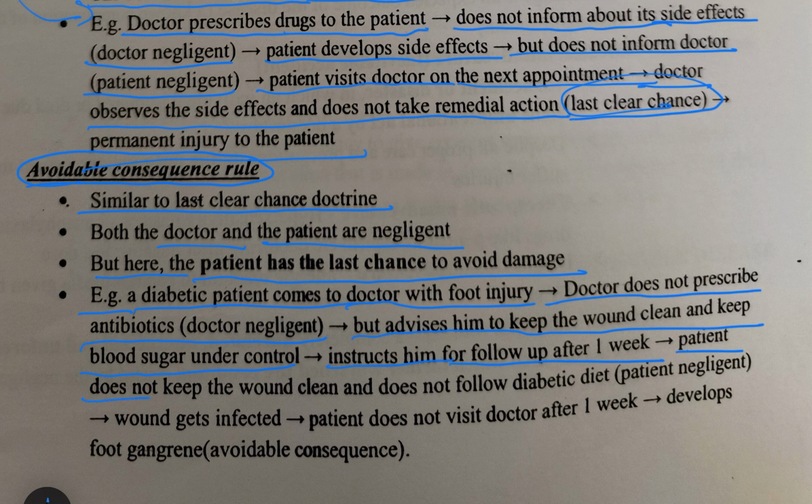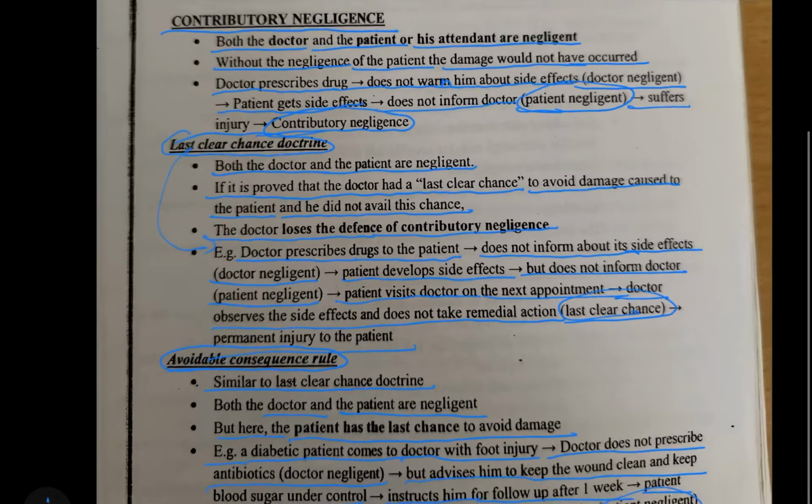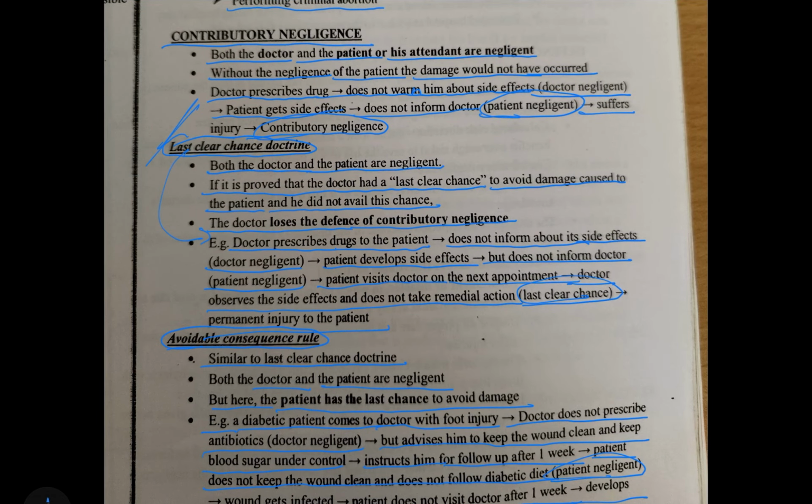The patient does not keep the wound clean and does not follow a diabetic diet. Patient negligence, wound gets infected. Patient does not visit the doctor after 1 week, develops foot gangrene, avoidable consequence. Okay. So there are two scenarios, that is last clear chance doctrine and avoidable consequence.